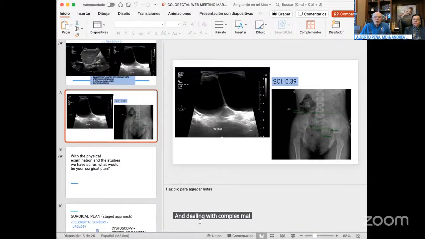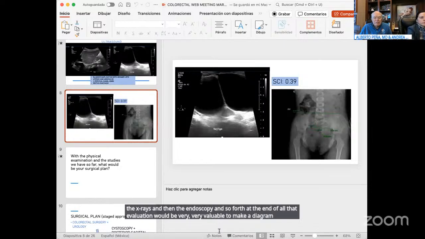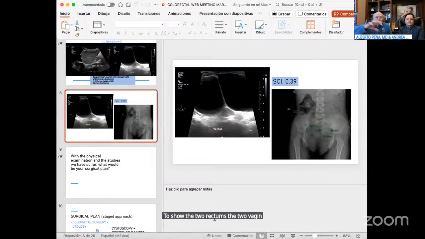So when you present the case, you present the X-rays and then the endoscopy and so forth. At the end of all that evaluation, it would be very valuable to make a diagram, not artistic, but rather schematic, that shows exactly the summary of the malformation, to show the two rectums, the two vaginas, the exact everything that is there.